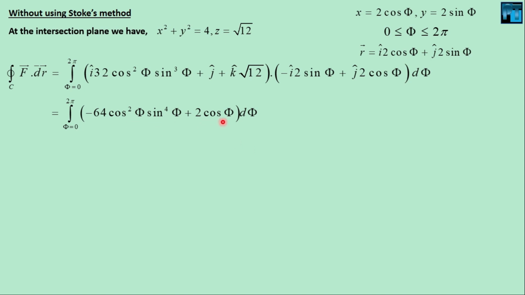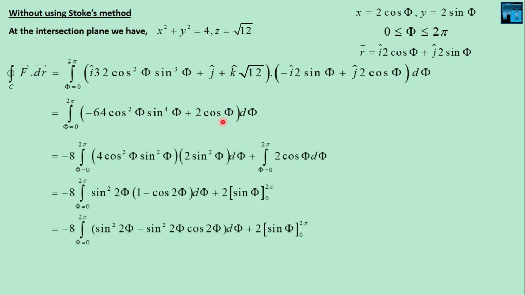And these two integrals are very easy to solve. This can be written as 4 cos square phi sin square phi and 2 sin square phi d phi, 2 cos phi d phi. This is very easy. This is actually sin square 2 phi, and this can be converted into cos 2 phi like this one. And this is very easy for you.